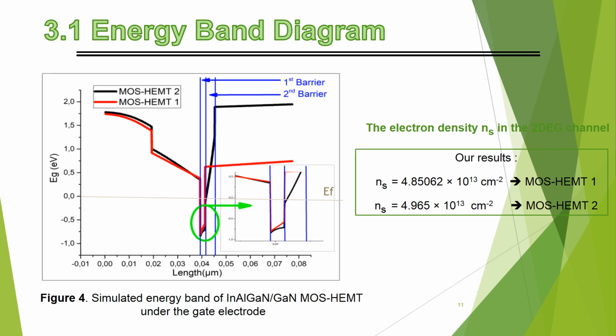From the simulation, the value of the electron density of the 2DEG of our MOSHEMT is about 4.85062 times 10 to the power 13 centimeter to the power minus 2, nearly the same for both structures.